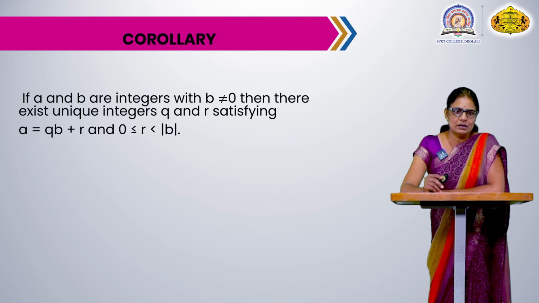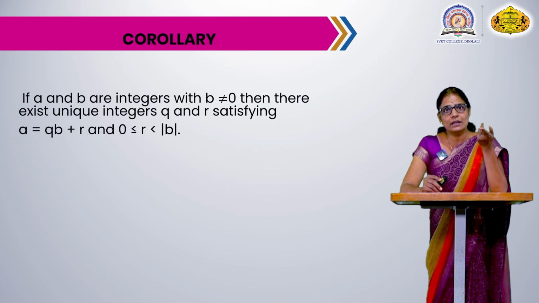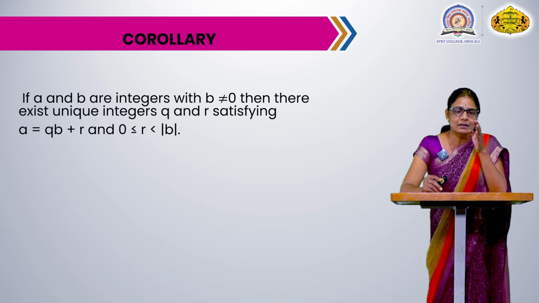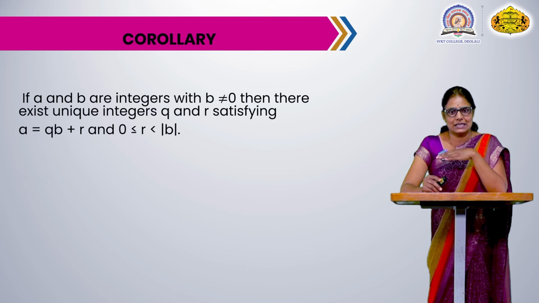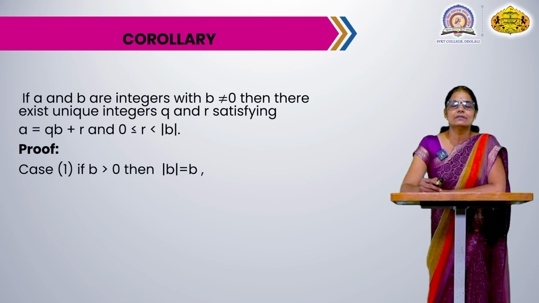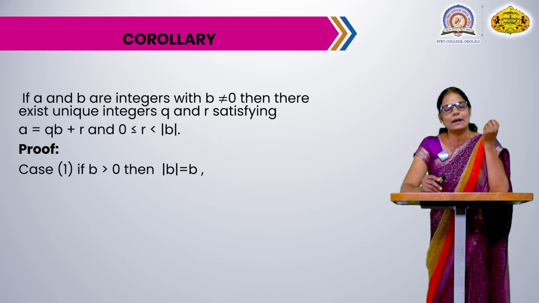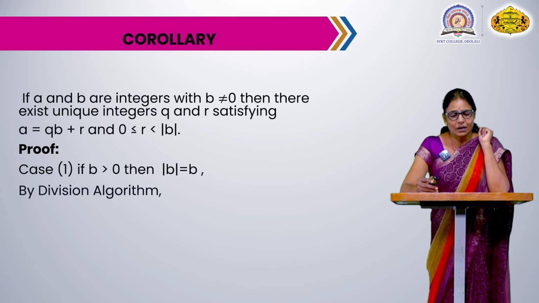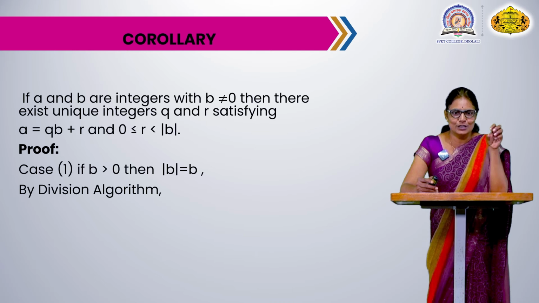Since a and b are integers with b not equal to 0, b is an integer which is not equal to 0. So there are two cases: either b is strictly greater than 0 or b is strictly less than 0. Let us consider the first case, b greater than 0. So mod b equals b by definition of absolute value, and we can apply the division algorithm to a and b.